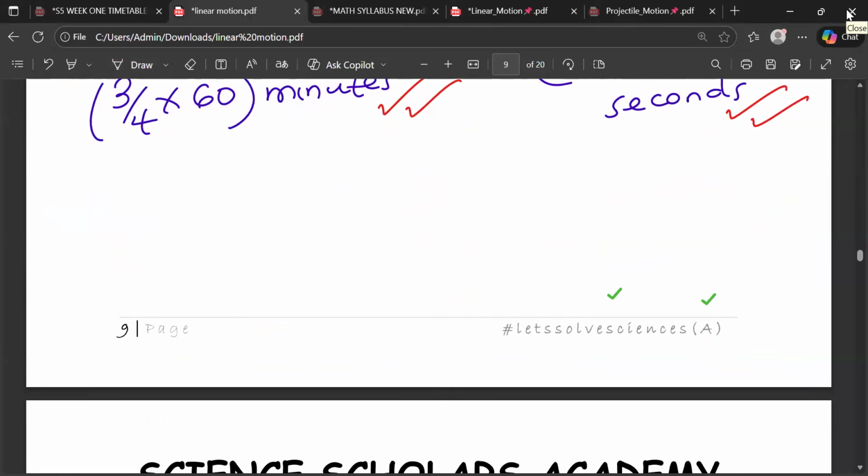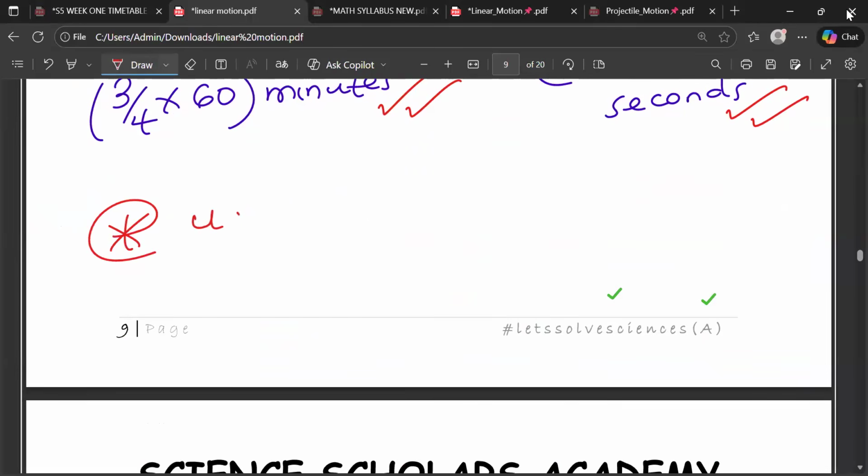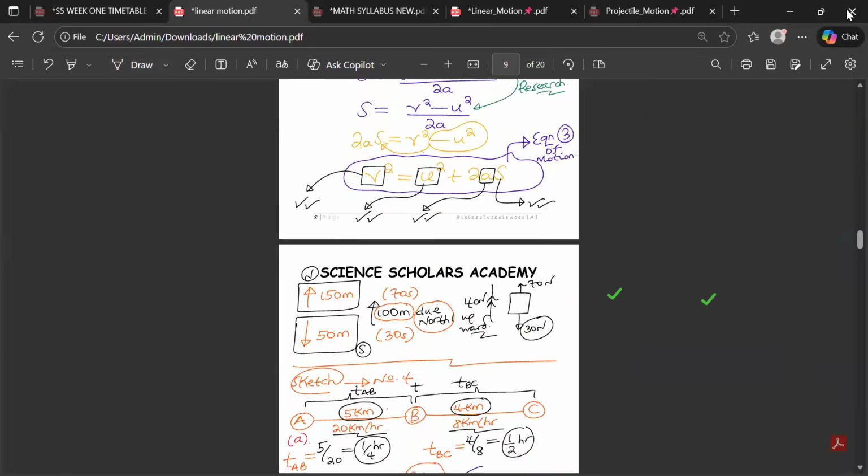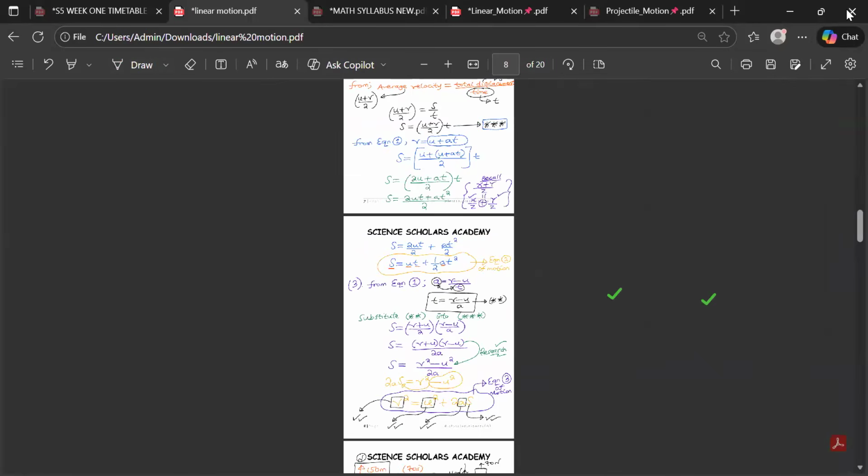So according to what you've just told me, we are having our U, we are having our T, we are having our A, and they are looking for S. Which equation of motion can you use? The equations are there.